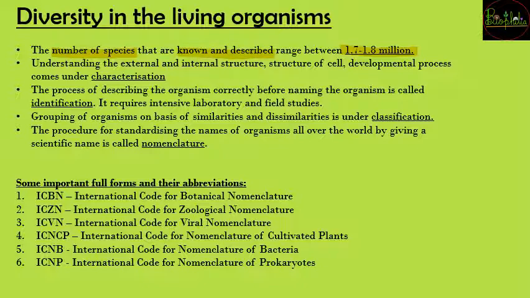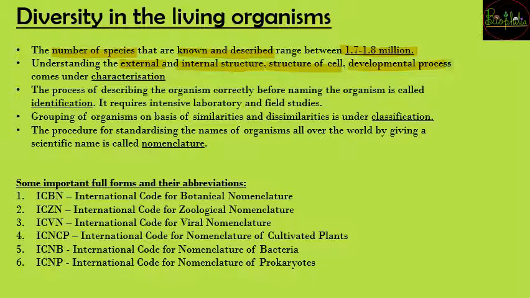And the rest of the organisms may be present on this planet Earth that are still not known or have not been described by human beings. But known or described की range कितनी है? 1.7 to 1.8 million.